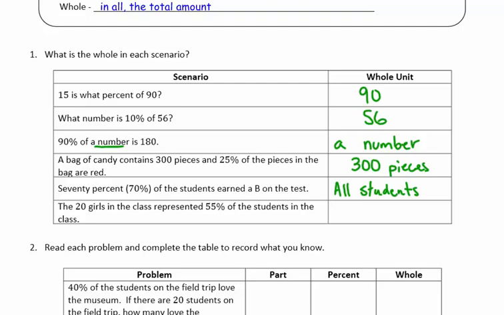So the 20 girls were only 55% of them, not all. So the whole would be the whole class. Now if you notice in the first few questions, the word of was attached to the whole. Now these three questions are a little differently worded, so the whole is different, but if you notice, the word of is attached to the whole in those three.